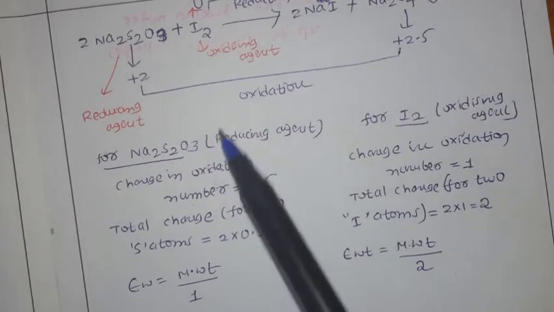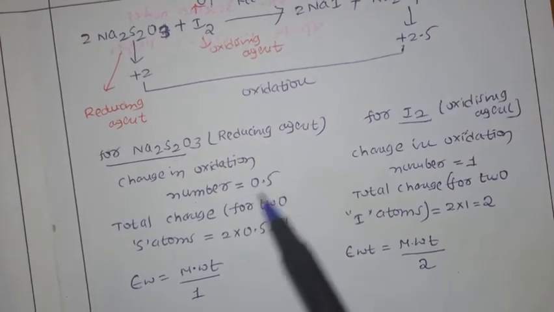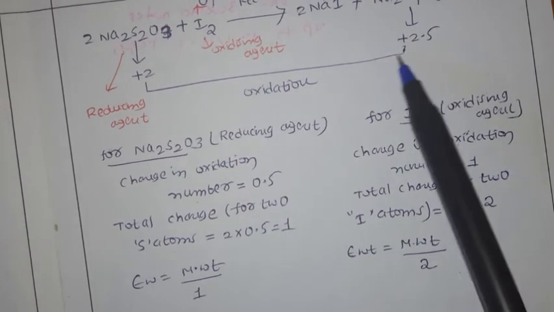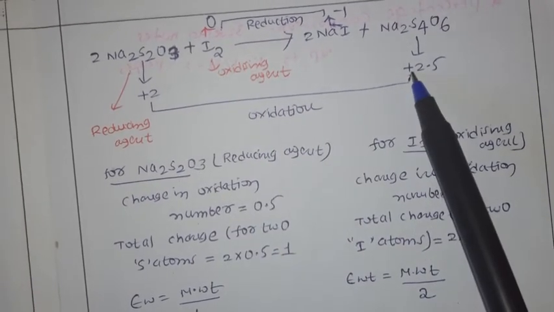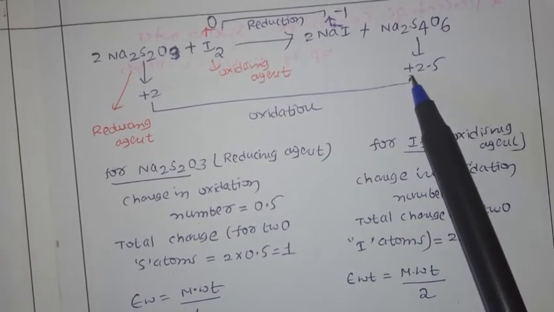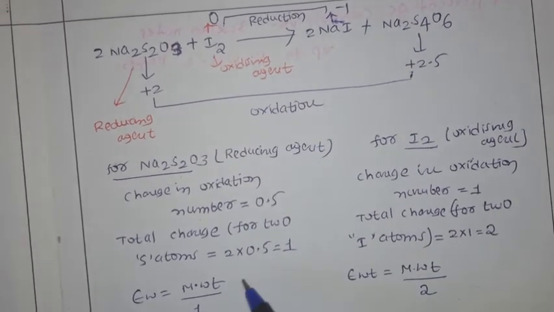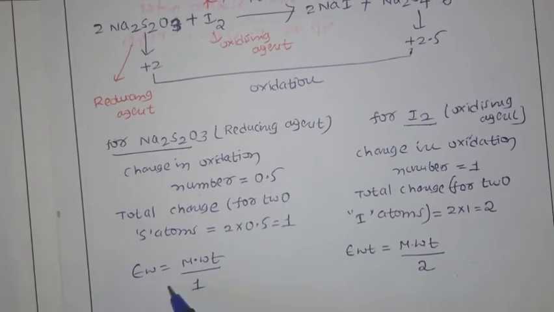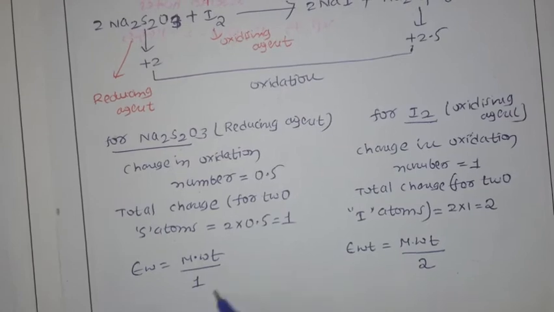For sulfur, from here to here the change is 0.5. We calculate the oxidation number per atom, so for 1 atom it is 0.5, but here we have 2 sulfur atoms. So for 2 sulfur atoms, 2 into 0.5 means 1. So for the equivalent weight, you calculate the molecular weight divided by 1.